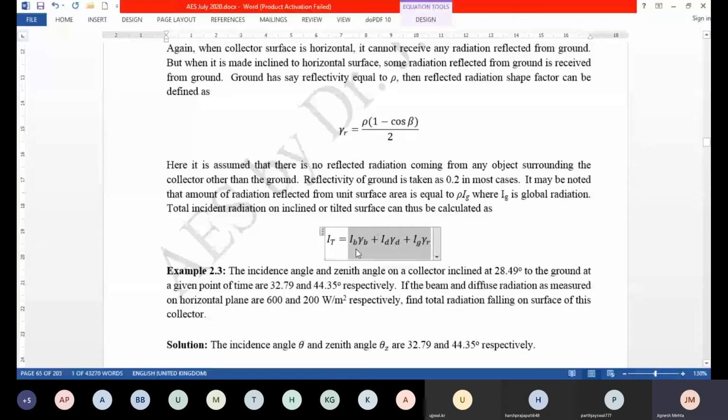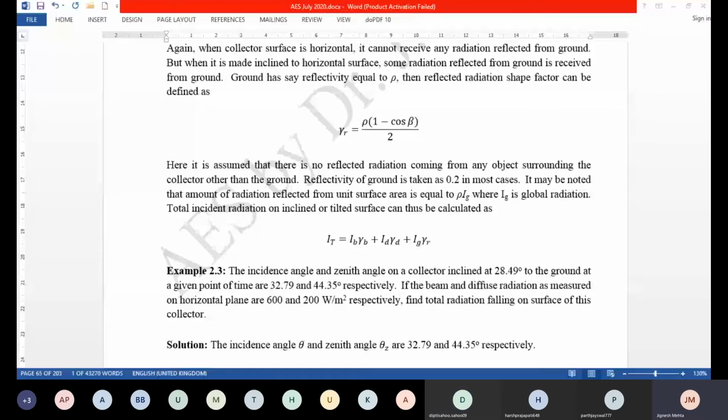So cos theta upon cos theta Z, how much is the answer or the value? $1.17.